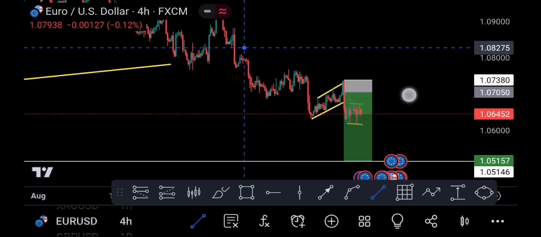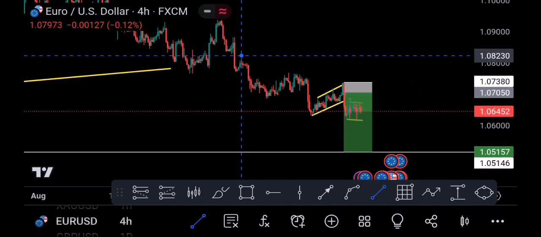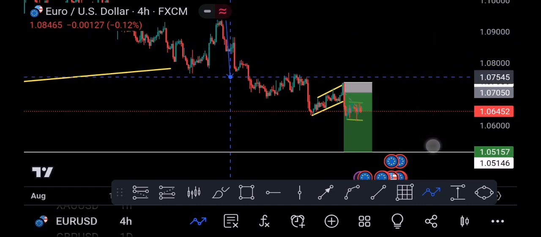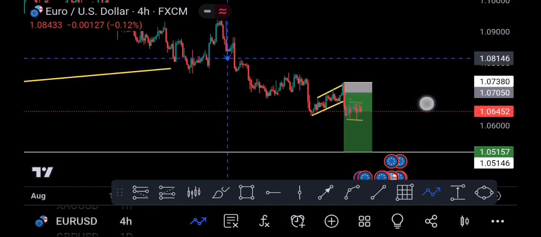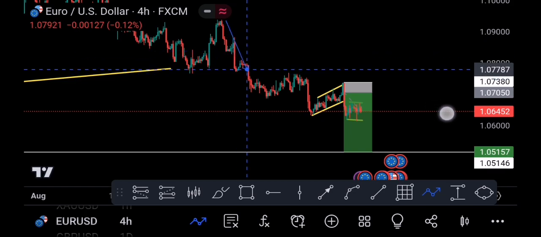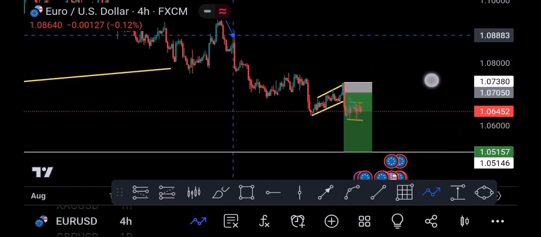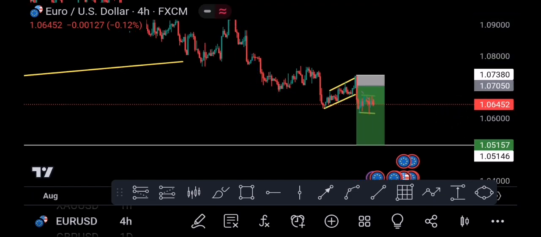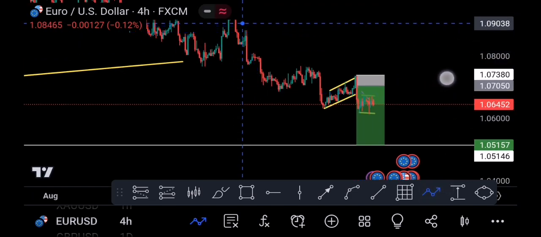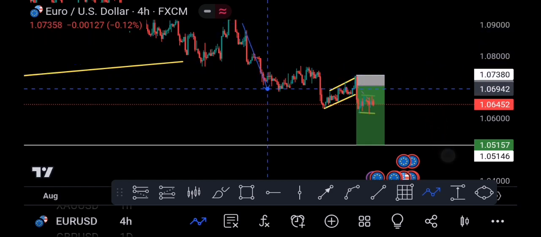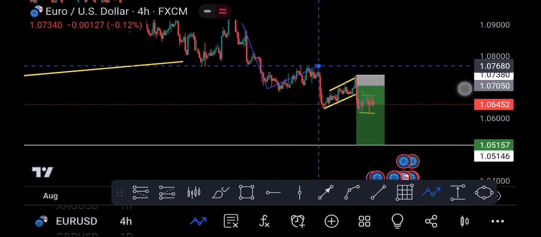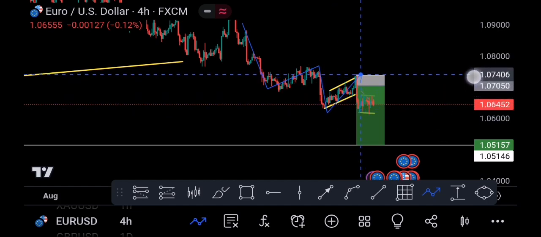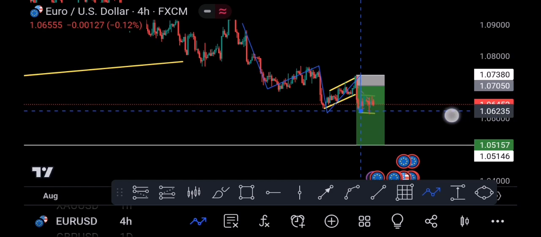Because if you look, we've been moving in a series of impulse and corrections. This was an impulse, correction, impulse, correction, impulse. Then we have an overall impulsive phase. Let me just do this. We have an impulse, corrective structure, impulsive move, corrective structure. We are now on an impulsive move.